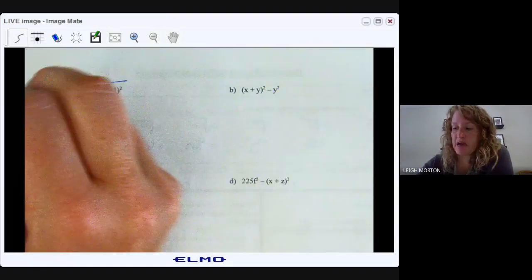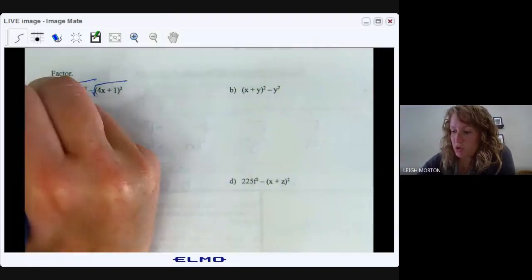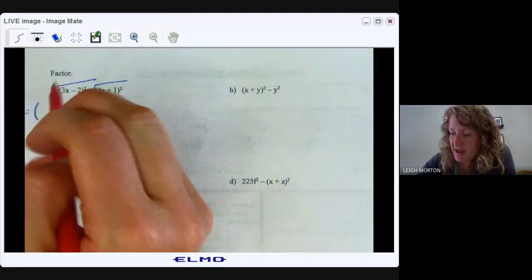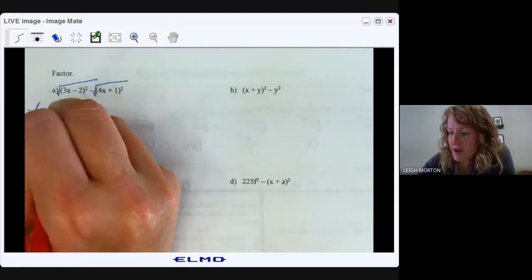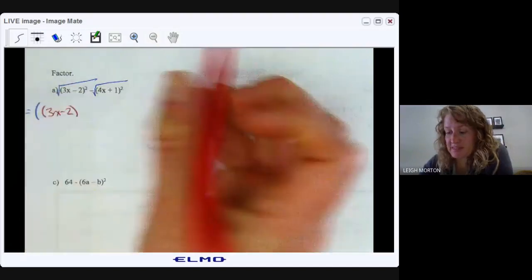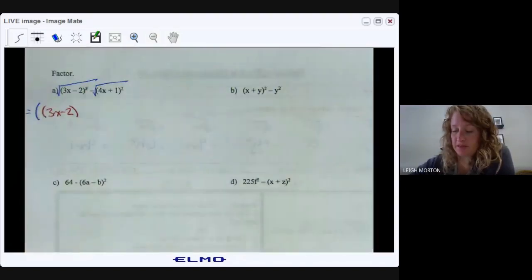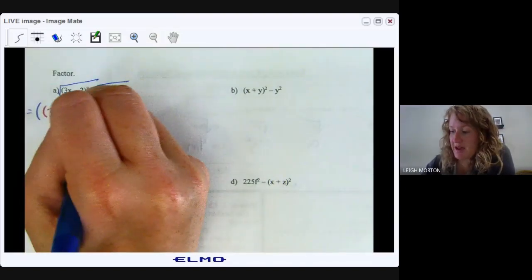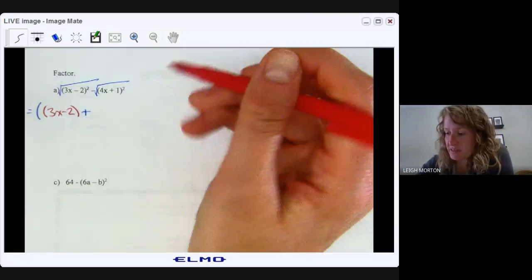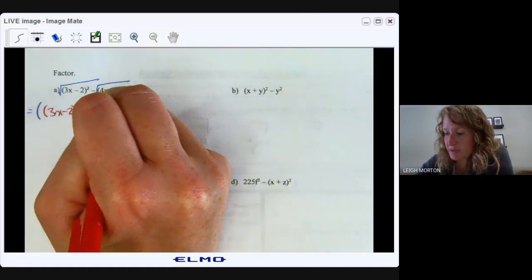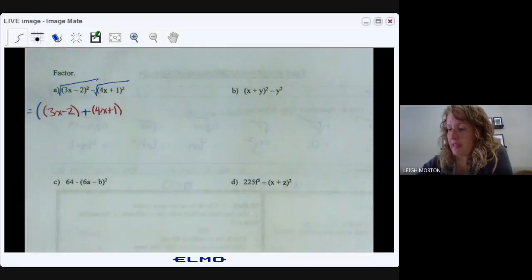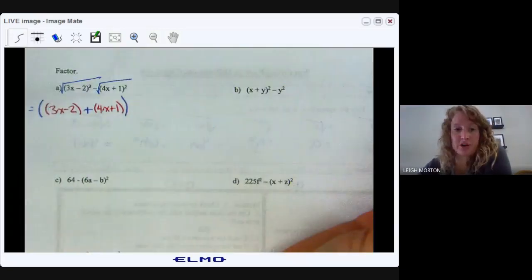Now my bracket's going to be kind of big here. So in the first one, I have 3x minus 2. That's this square rooted. And I'm going to add the square root of this, which is 4x plus 1. That's my first factor.